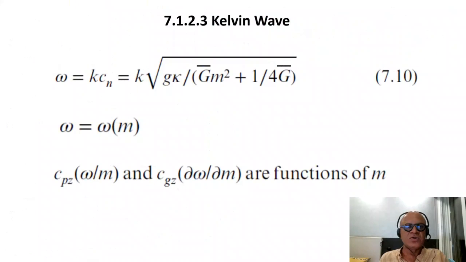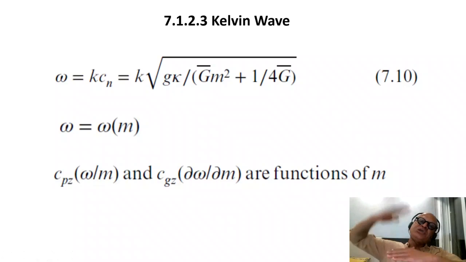Okay, so that's just the Kelvin wave relation that I already plotted. I guess I have misplaced the order of the figures. Nonetheless, this is how the frequency wave number relation looks related to the gravity wave speed of the meridional mode, and frequency here is a function of the vertical wave number.